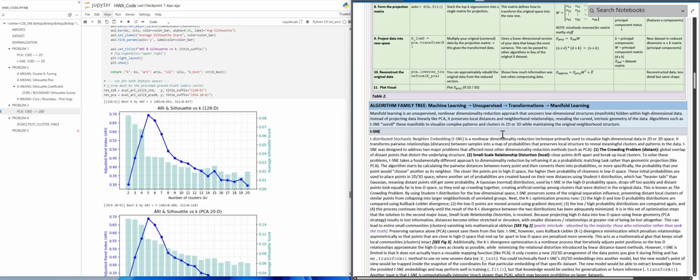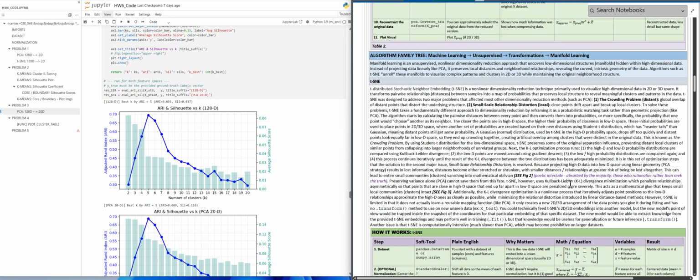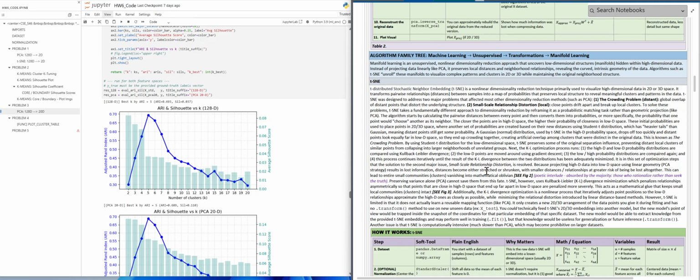All right, so now we go into manifold learning and t-SNE, and the difference with t-SNE is that instead of doing a functional transformation that projects the data, it uses probabilities to calculate how likely one data point is to choose another data point in low dimensional space.